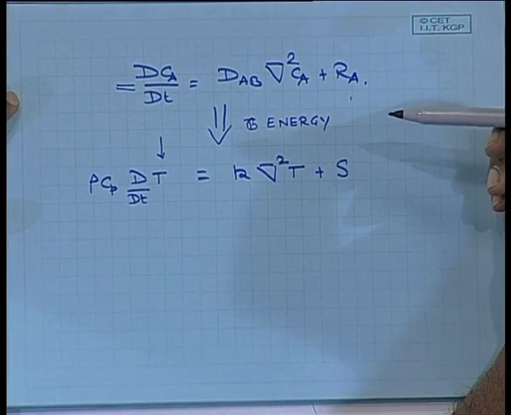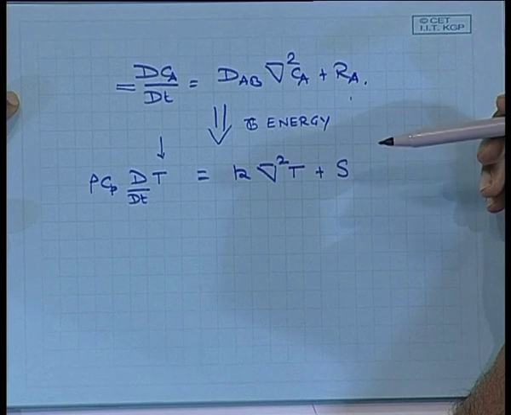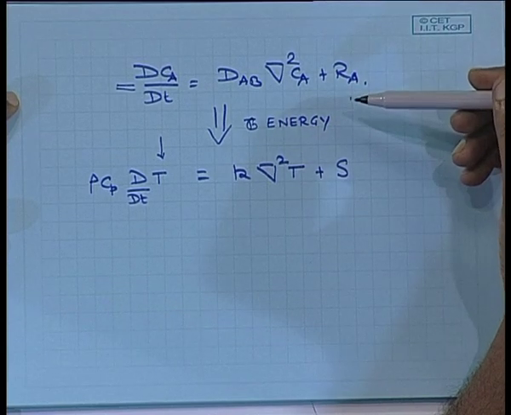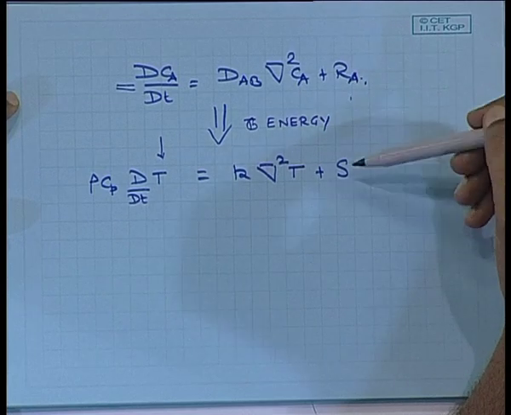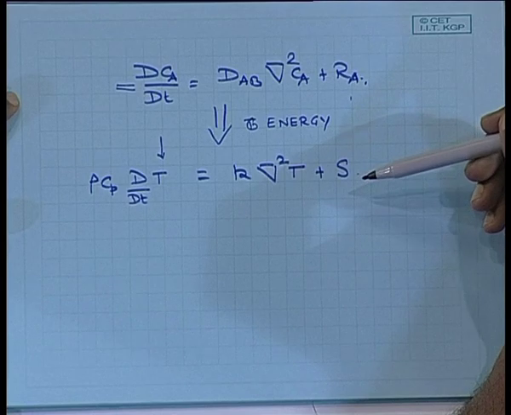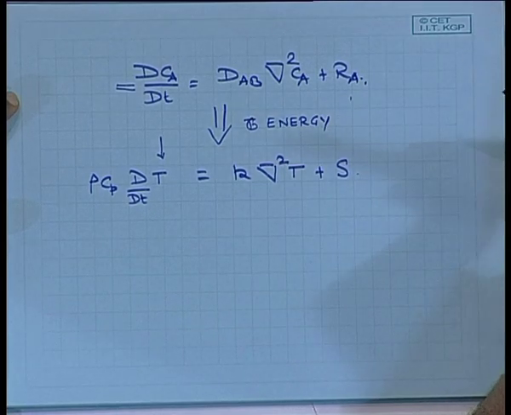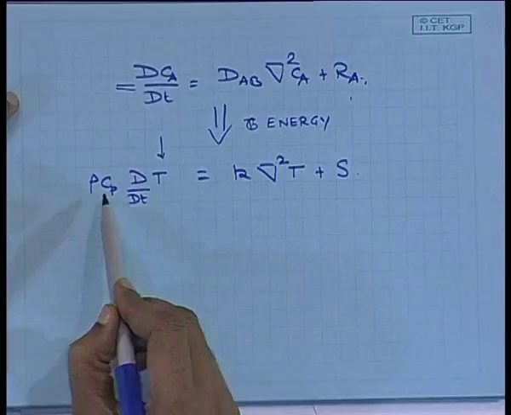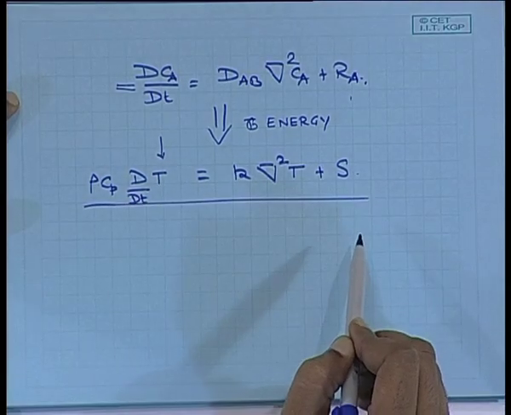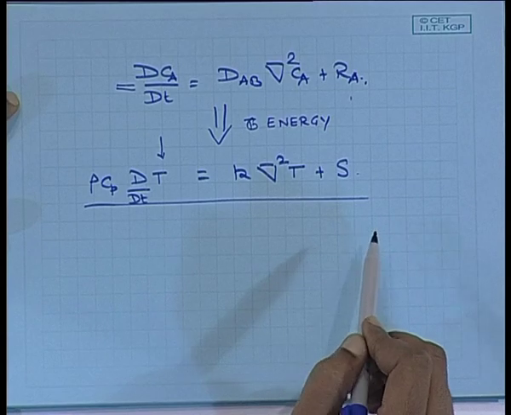We are going to deal with this approach later on in Transport Process 2. But even in here we can see that these two equations will form the basis for analogous treatment between heat and mass transfer. So, it is going to be ρCp times DT/Dt, and you have used this equation many times in your heat transfer part of the course.